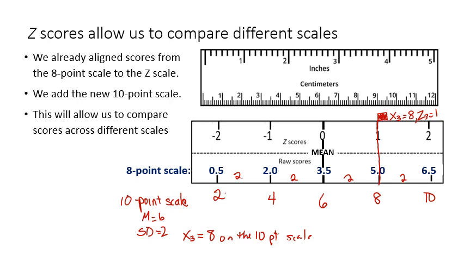From this comparison, we can conclude, let me put in Jerome's score here. Jerome's score was also right here, 5.0.